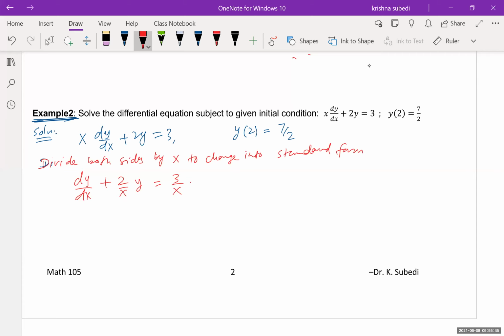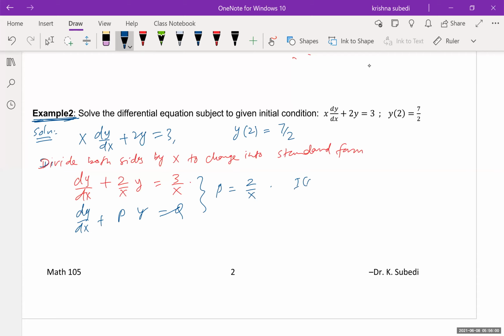So when you compare this with dy over dx plus py equals q, then you notice that the p value is 2 over x.